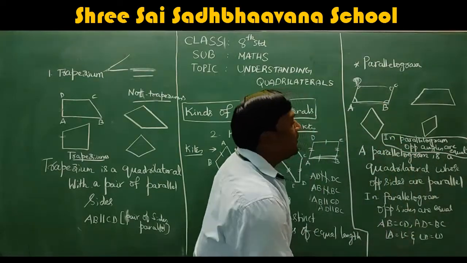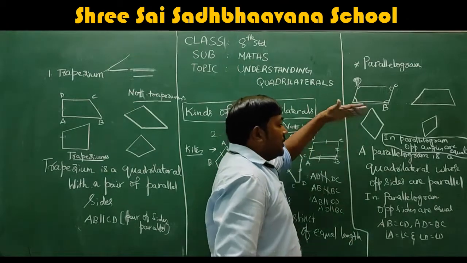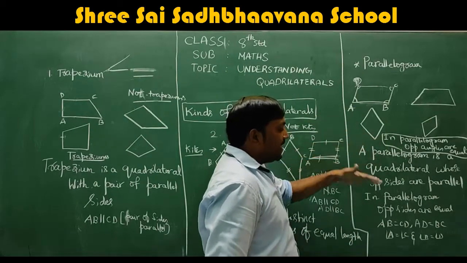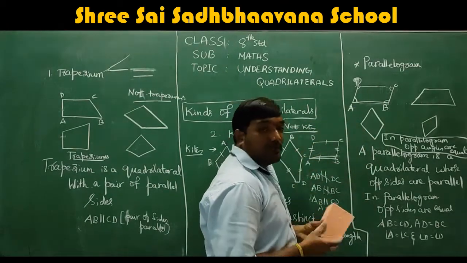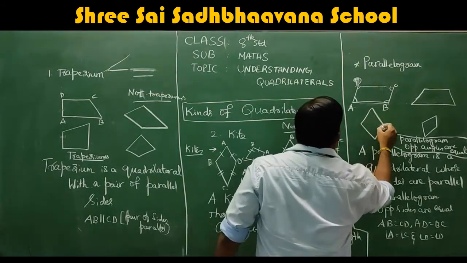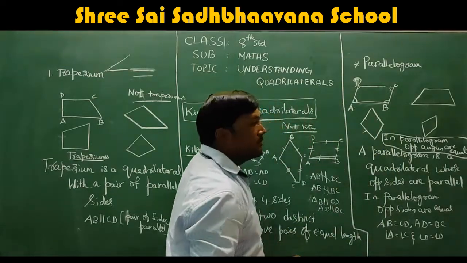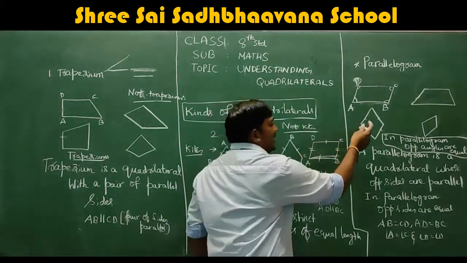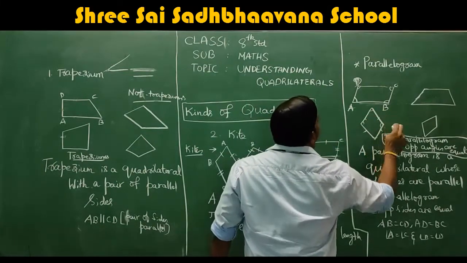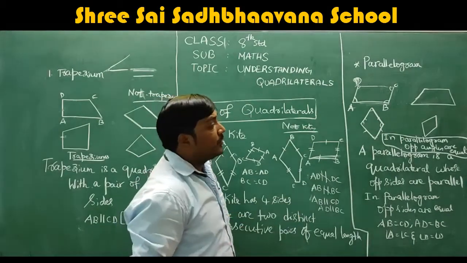In a parallelogram, opposite sides are equal as well as opposite angles are equal. Then only it is considered a parallelogram, as we said. In this, if you see here also, opposite sides are parallel and equal, and opposite angles are equal. So these two we can consider as parallelograms.